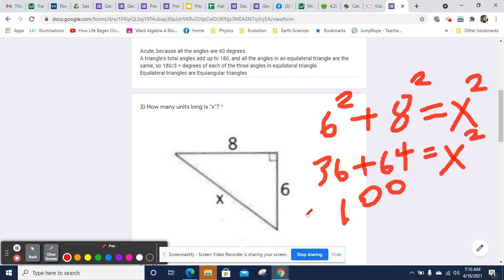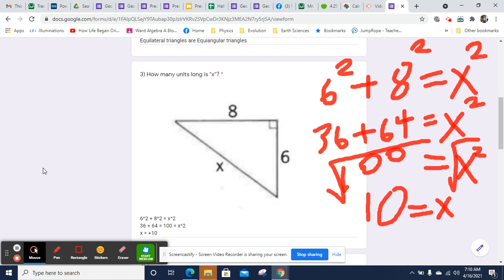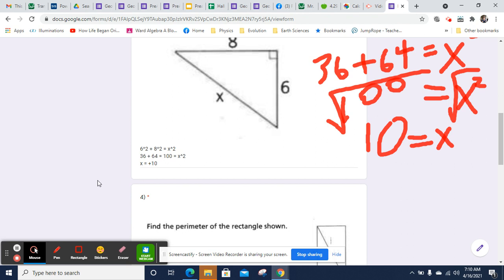And then we get the square root of both sides, so the square root of x squared will be x, and the square root of 100 is 10 and negative 10, but we're only going to take the positive 10 since we're trying to find a side length. So x is going to equal 10. Okay, so here we go, x equals positive 10.